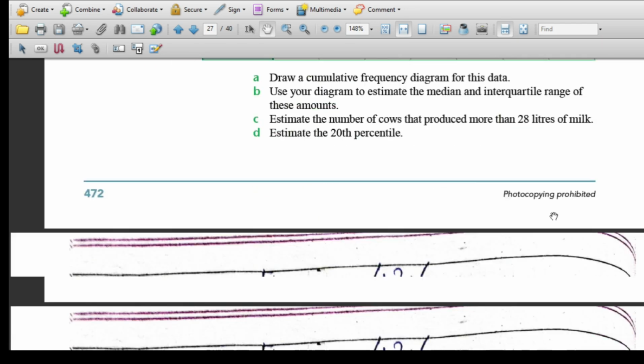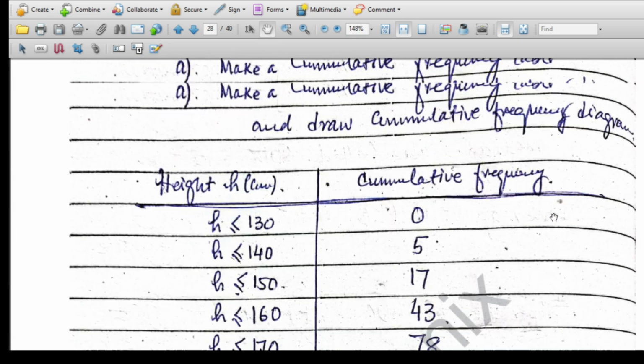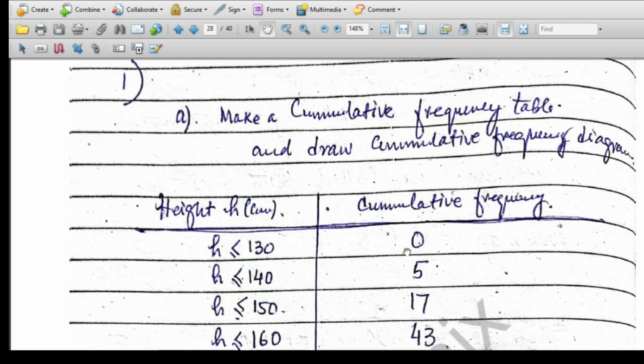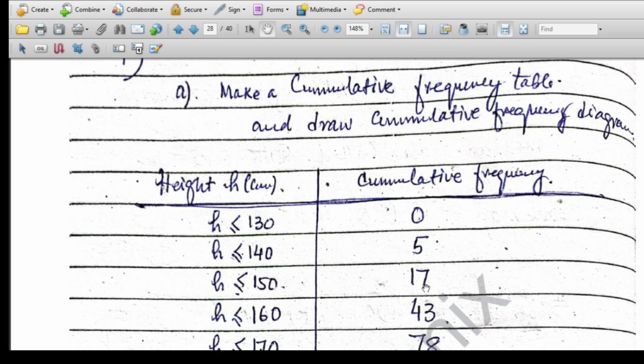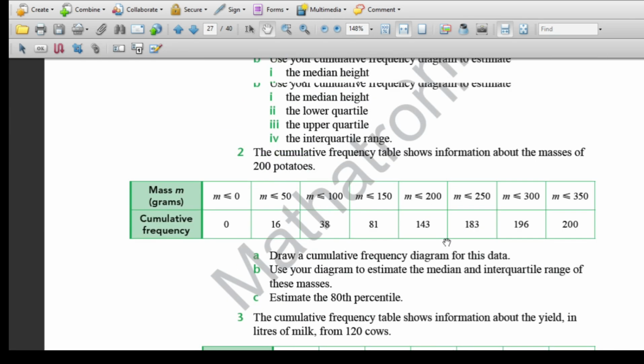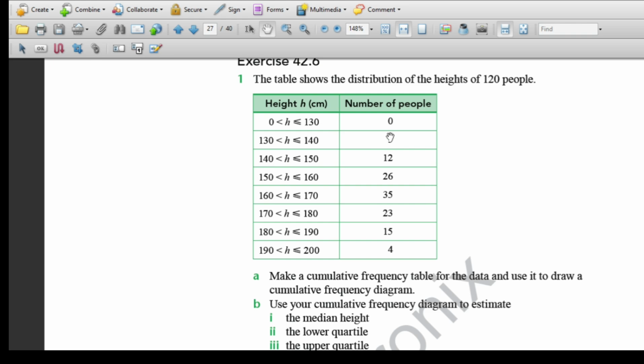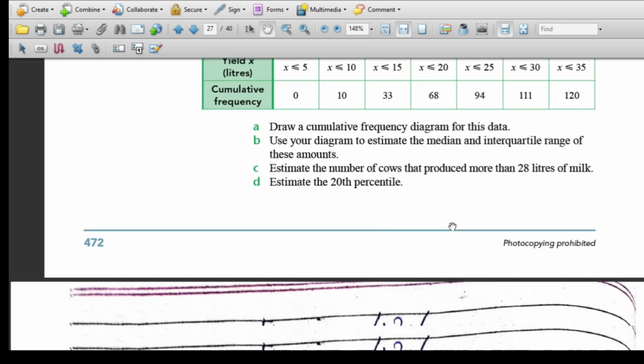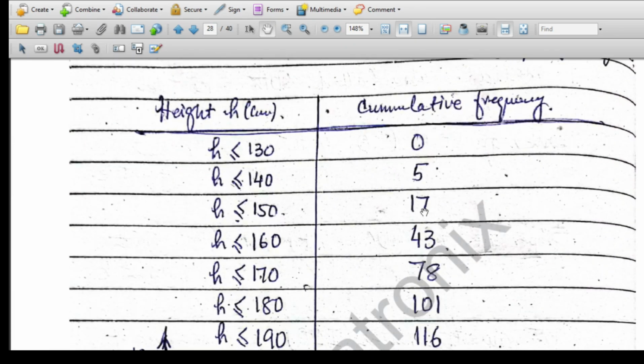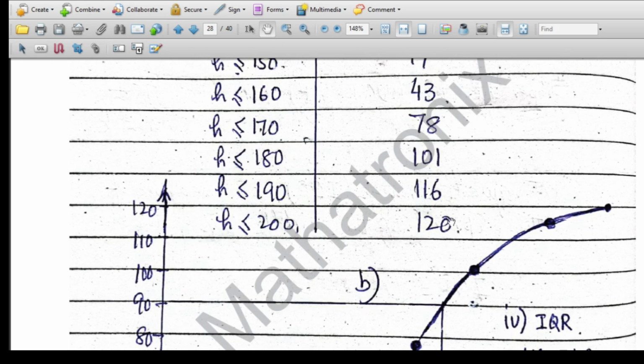So let's solve question number 1. The height is less than 130, which is 0; less than 140 is 5; less than 150 is 17. We add the frequencies, so 5 plus 12 is 17, and similarly the next one will increase to 43, and similarly we will reach 120.